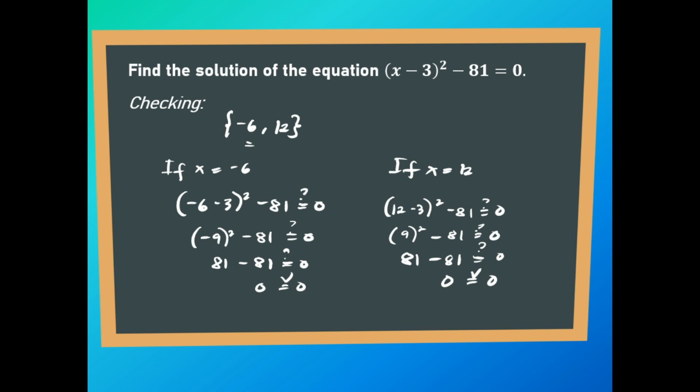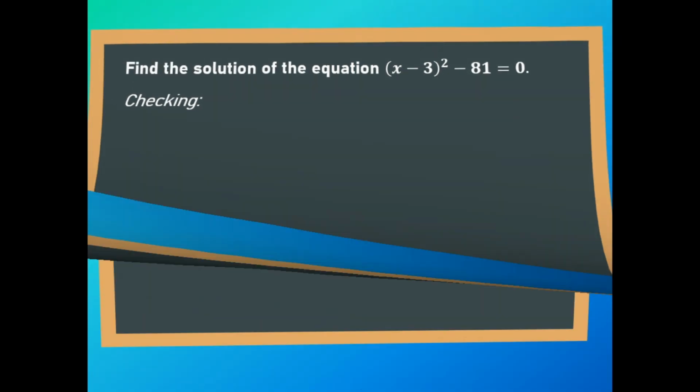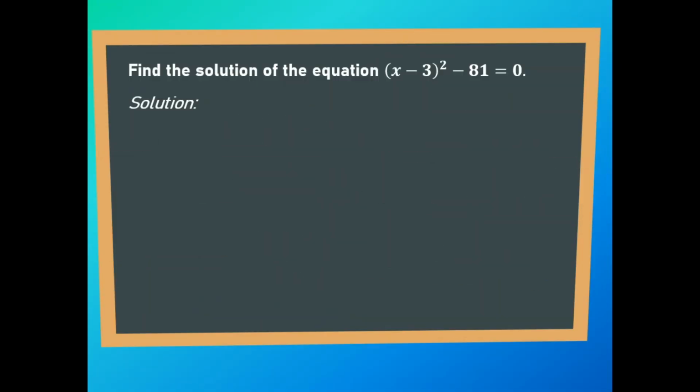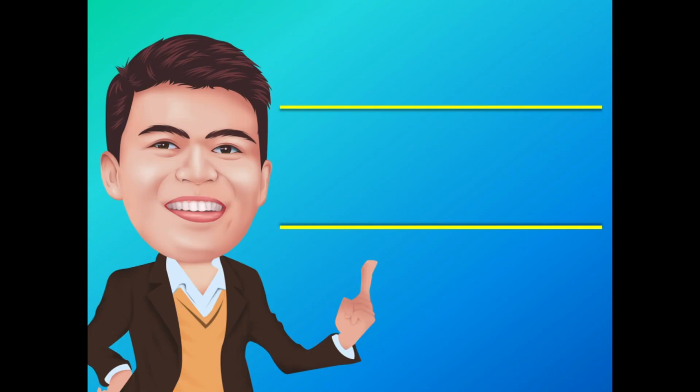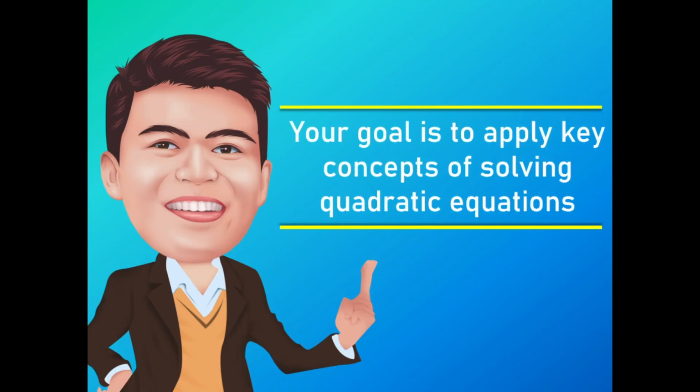Okay? So, reviewin nyo lang yung solution. So, your goal is to apply key concepts of solving quadratic equation. Kailangan yung definition ng square root, yung mga properties, how to simplify square root, dapat alam niyo na yun, para makasolve kayo ng quadratic equation.